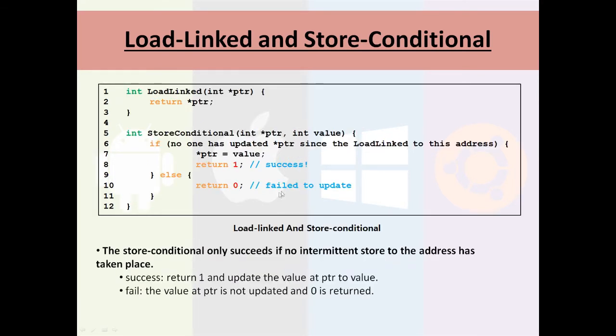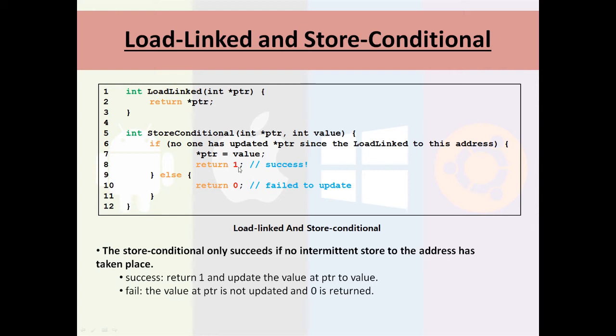And that is what I'm trying to indicate here when I talk about this if statement. If no one has updated pointers since the load link to this address was called, so if no other thread has called load link between myself calling load link and myself calling store conditional, then I can return 1 indicating a success.